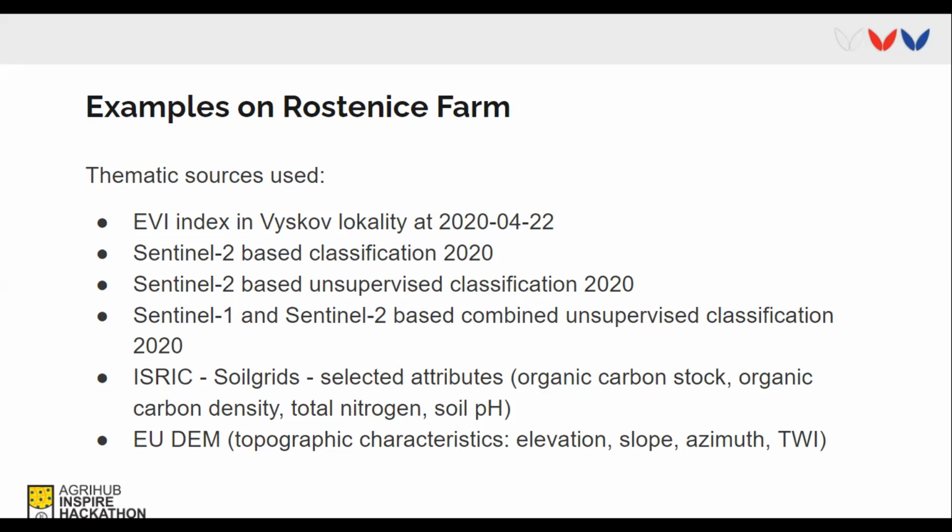This is the concept of zone management: with the help of this EVI index, we divide the field into management zones, and depending on the value of this index, the farmer can then decide how much minerals to add in each of these management zones.